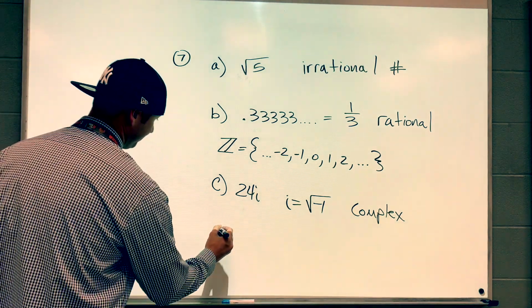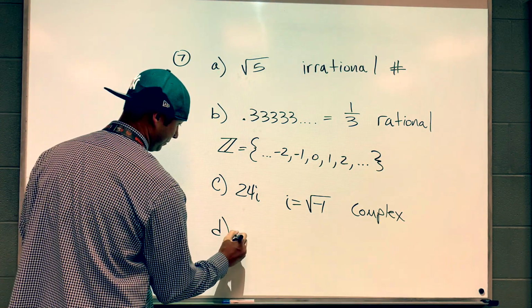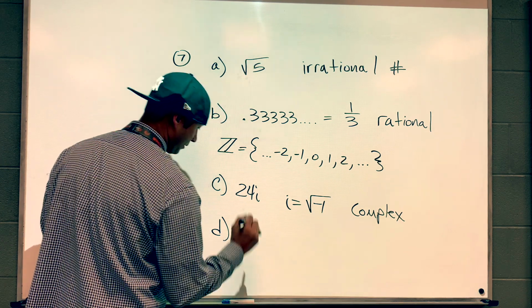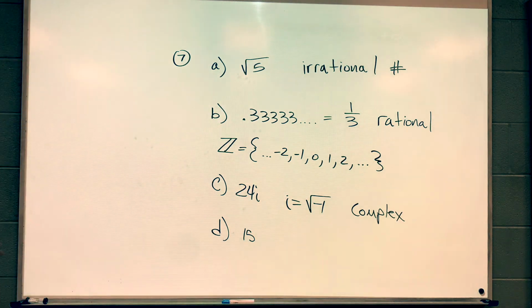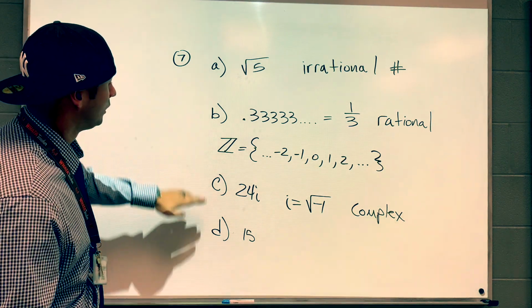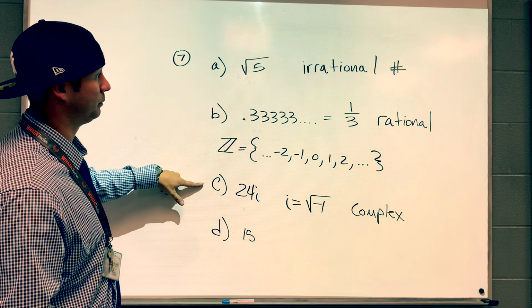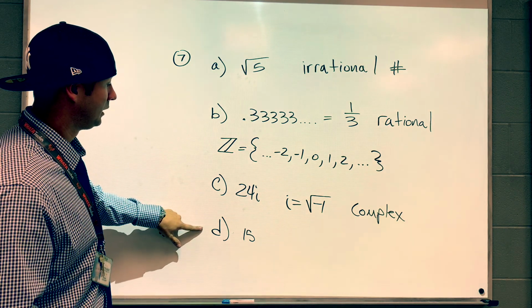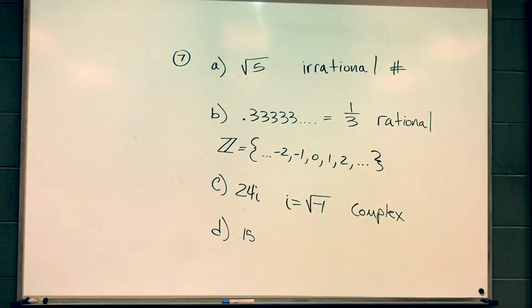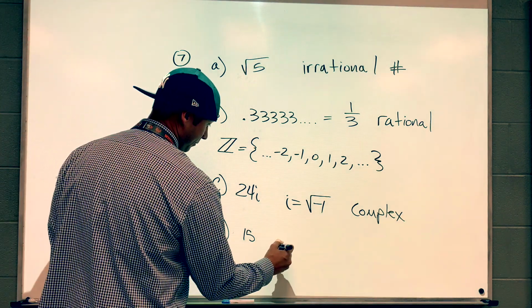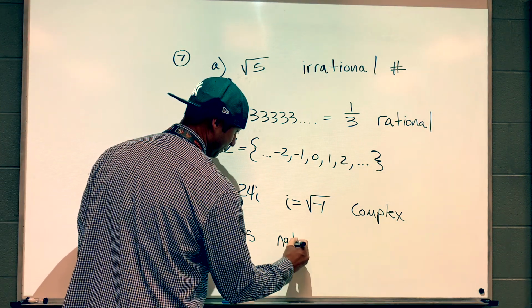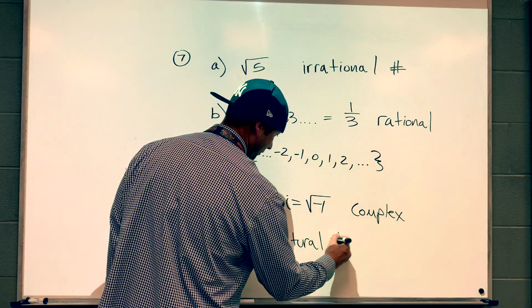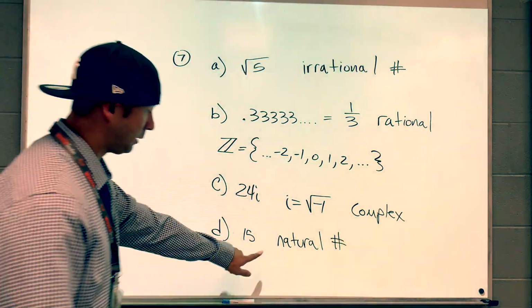And D, all right, so 15. Most specific, right? Technically it's a real number. 15 is a real number. All of these are real numbers, with the exception of this one, which is not a real number. But most specific could be a natural number.